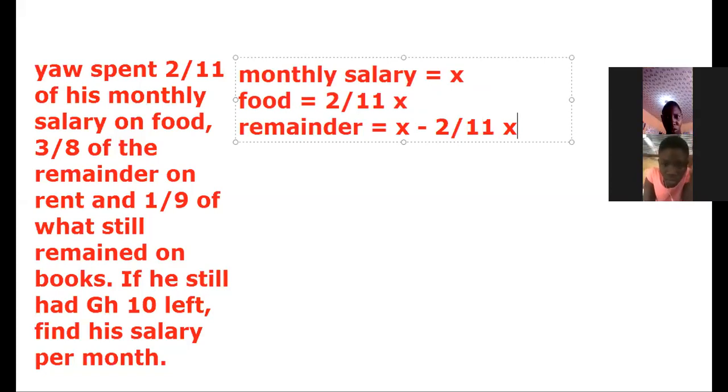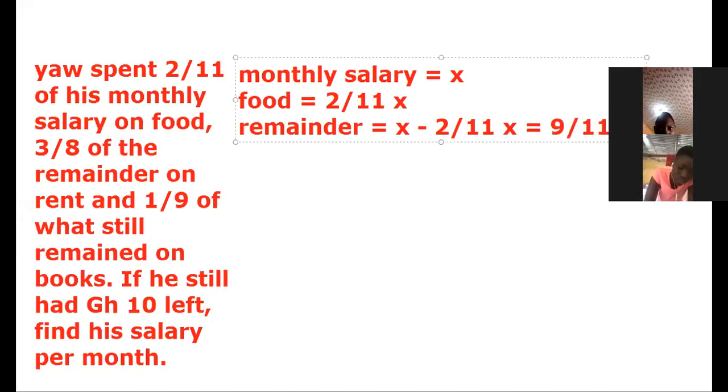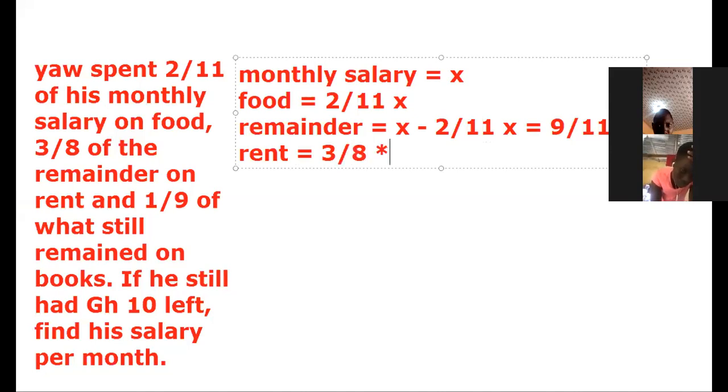And that will give us 9/11X. Now we know the remainder to be 9/11. Therefore, the amount that he spent on rent will be equal to 3/8 of 9/11X, because 9/11X is the remainder. So 3 over 8 of 9 over 11x.